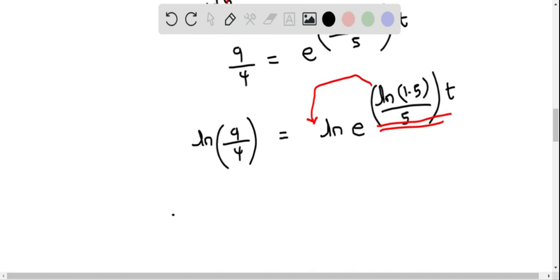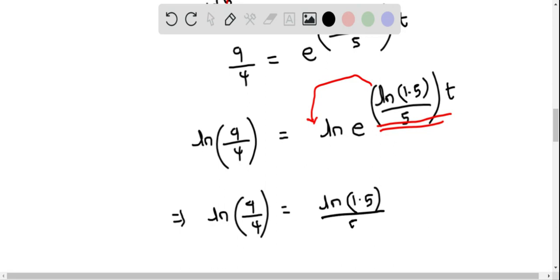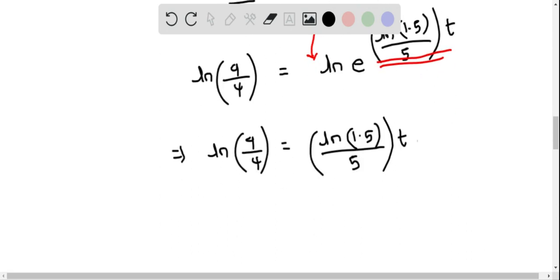So the natural logarithm of 9 fourths on the left side equals the natural logarithm of 1.5 divided by 5, multiplied by t, times the natural logarithm of e. We already know that the natural logarithm of e equals 1, so we can just ignore this quantity, and this is the expression that we have on the right side.